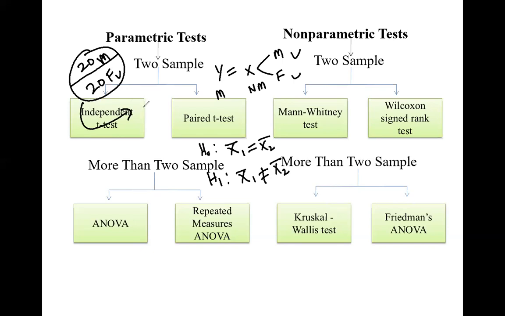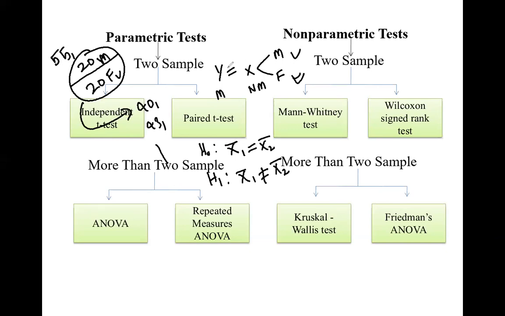One female teacher said 40,000, another said 43,000, and so on. So I will take the mean of this female teacher salary, and then I asked the 20 male teachers, what is your salary? One said 55,000, another said 60,000, and so on.